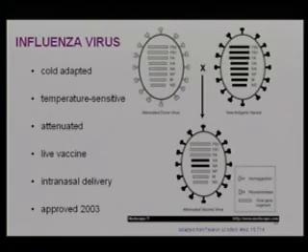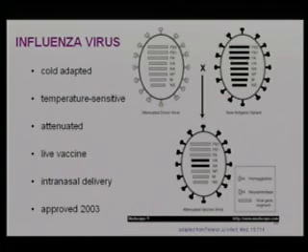It's temperature sensitive, which also means that it's not going to grow very well in your lungs. So it's cold adapted, so it grows well up here, and it's temperature sensitive, so it grows even more poorly down here. Well, my lung doesn't go quite that low. And it's attenuated, so it doesn't cause much in the way of any symptoms.